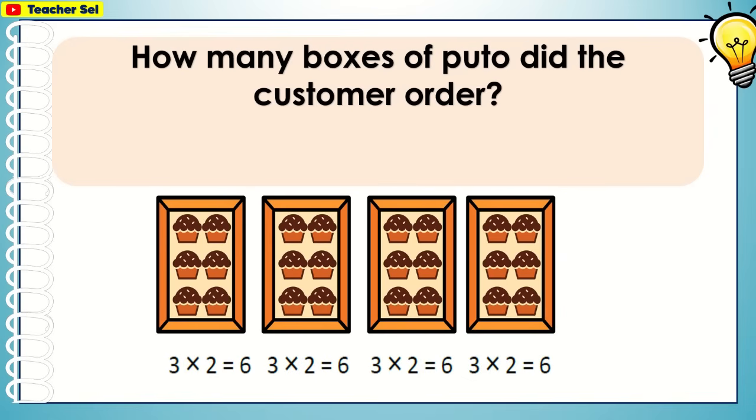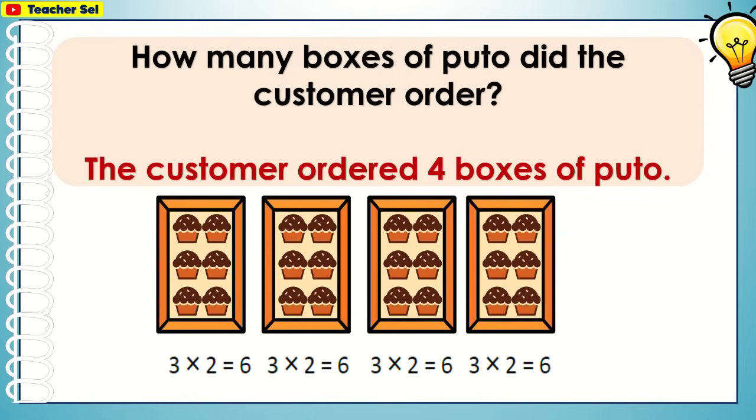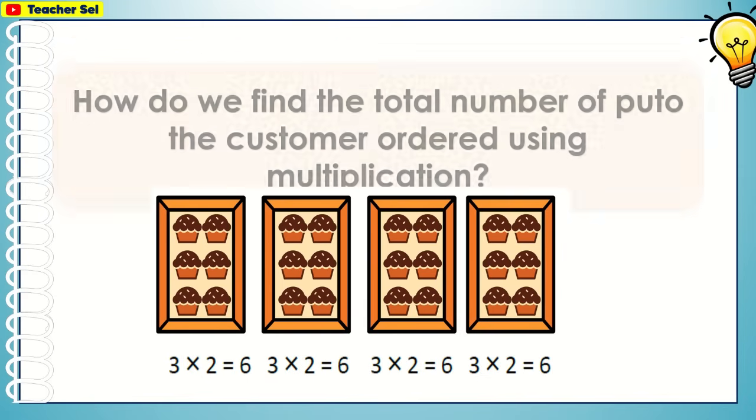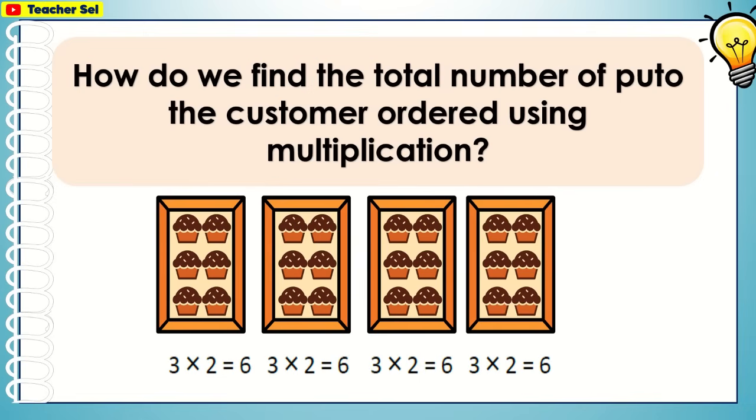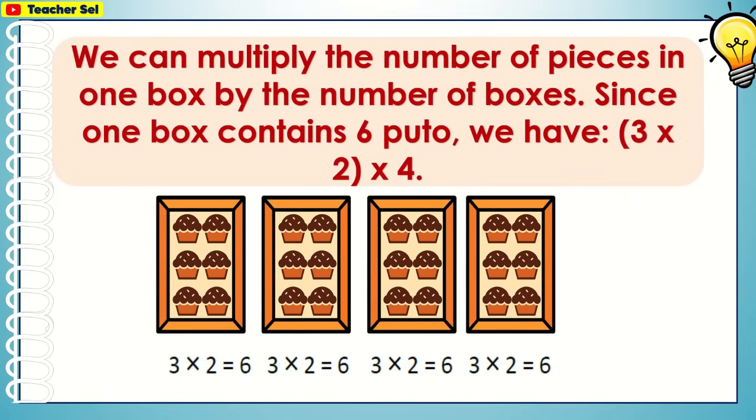How many boxes of puto did the customer order? The customer ordered 4 boxes of puto. How do we find the total number of puto the customer ordered using multiplication? We can multiply the number of pieces in one box by the number of boxes.